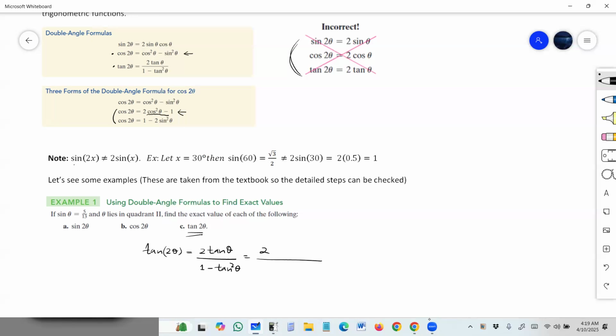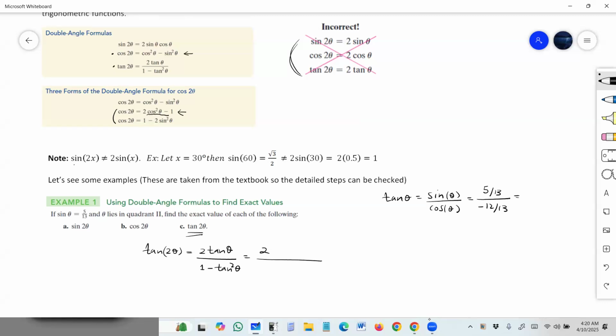So what is tangent of theta? Well, tangent from the basic identity definitions is, as you know, sine of theta over cosine of theta. Now I know what sine is, 5 over 13. I also know what cosine was, which was negative 12 over 13. Okay?